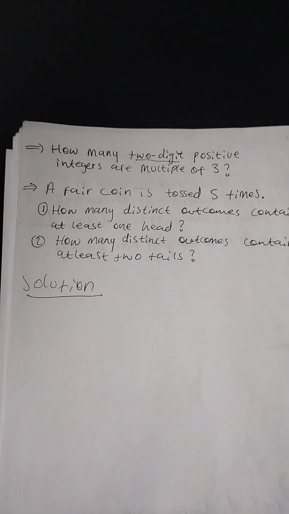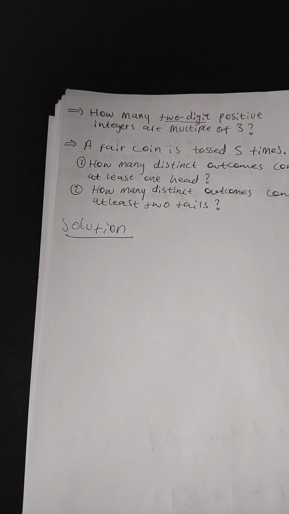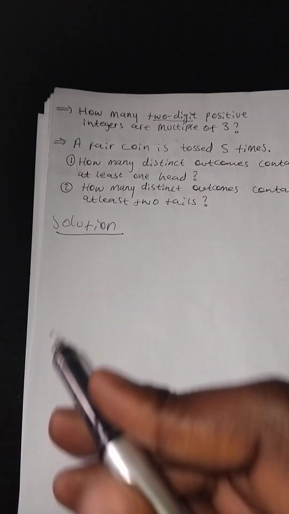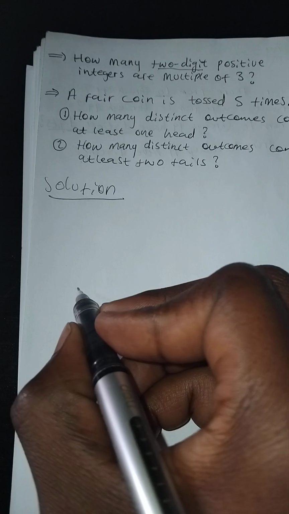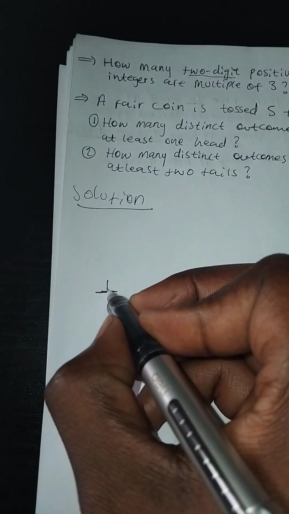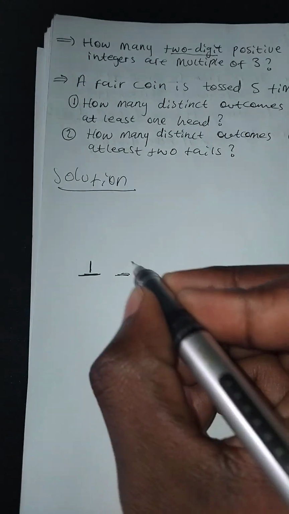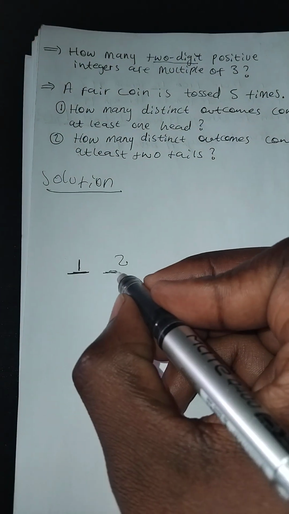So we know that even though 3, 6, 9 are multiples of 3, we are not going to be considering them yet. Okay, so they have to start with 12, and 12 starts with a 1, then followed by a 2.